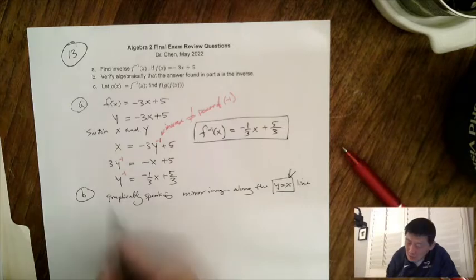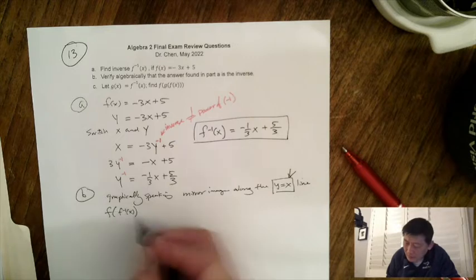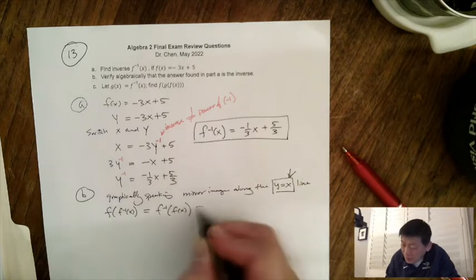That means f of inverse of x will equal inverse of f of x, and it has to become x.